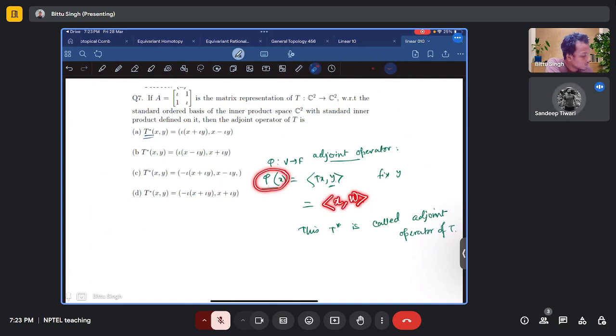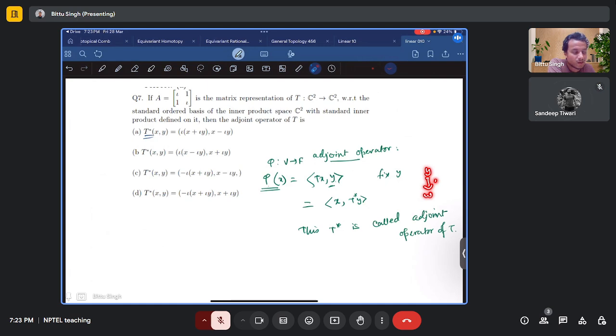So for every fixed y, I am getting some w, and this is a linear operator, another linear transformation.